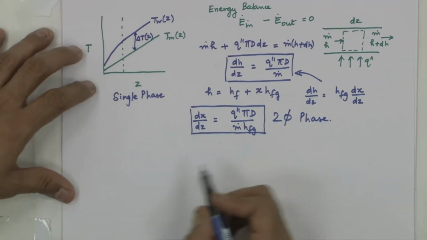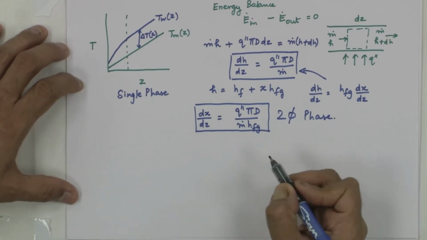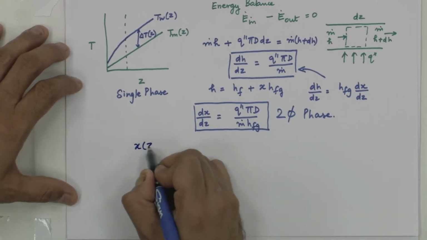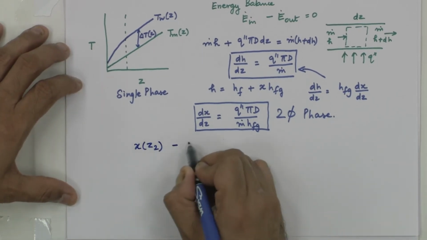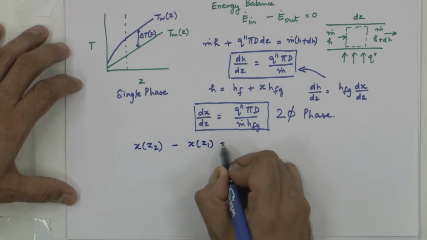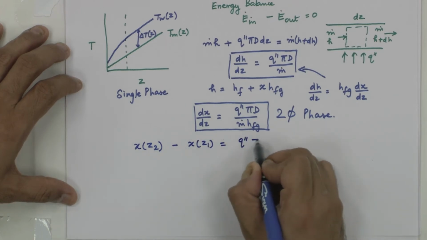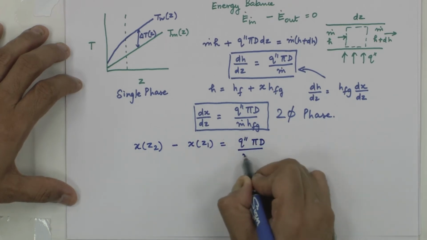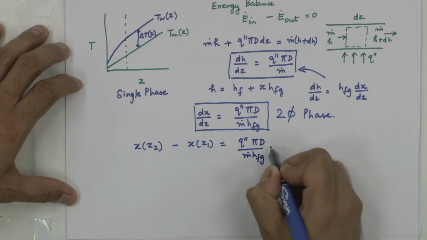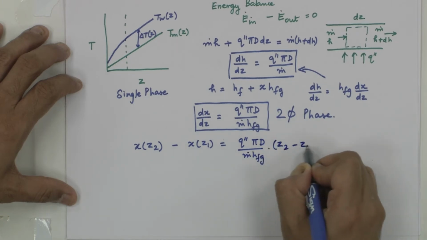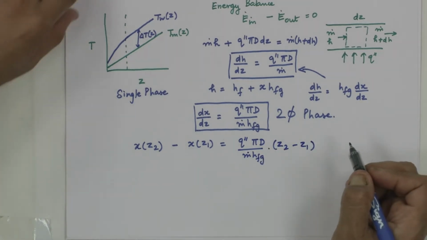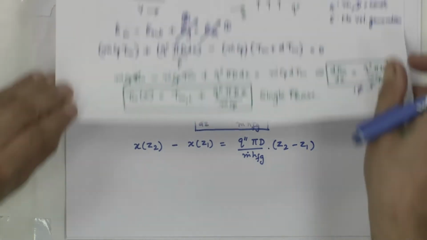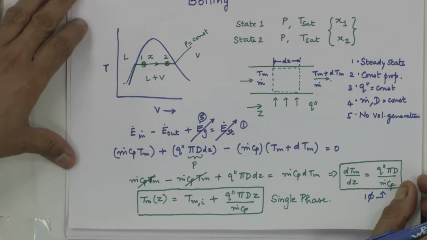So, if I have fluid coming in at quality x1, x at z2 minus x at z1 is equal to q double prime pi d by m dot Hfg into (z2 minus z1). This is what was used when we did basic thermodynamics.